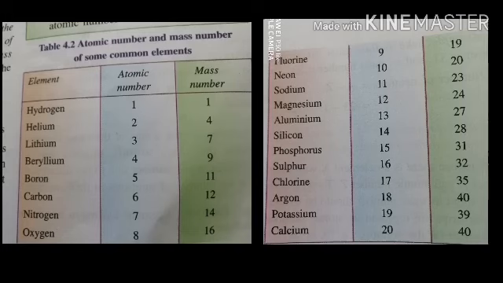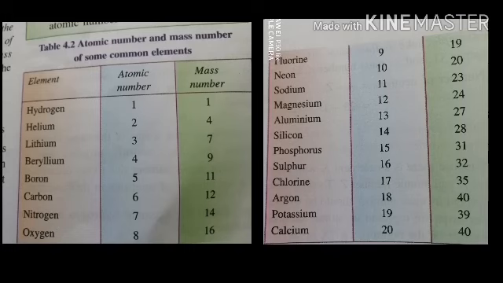In your textbook, the atomic number and mass number of some elements are given. You find out each element's number of protons, number of electrons and number of neutrons, and send it through Google Classroom.